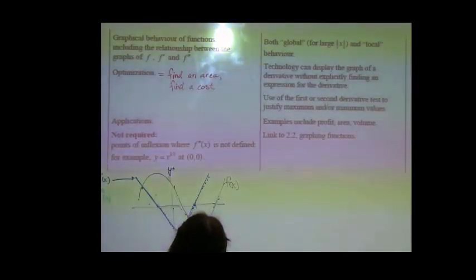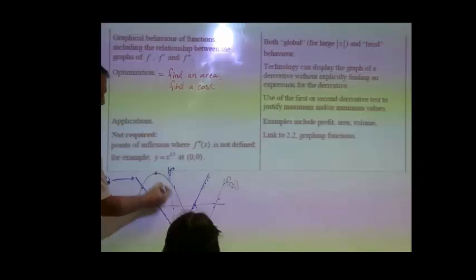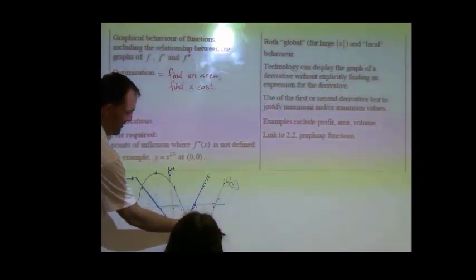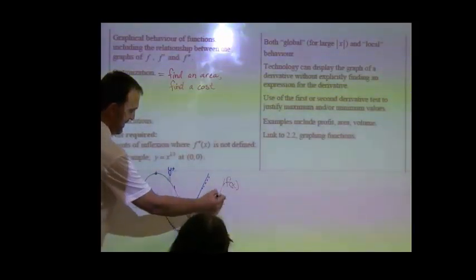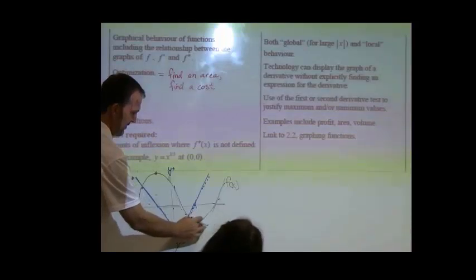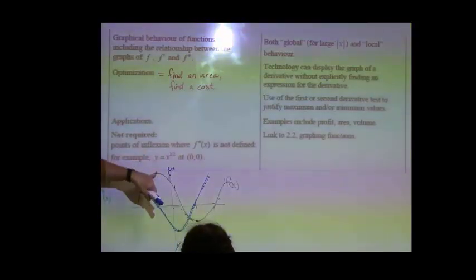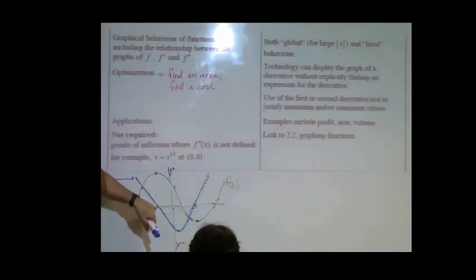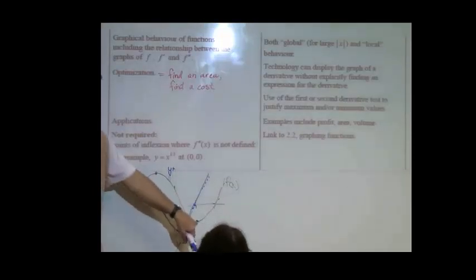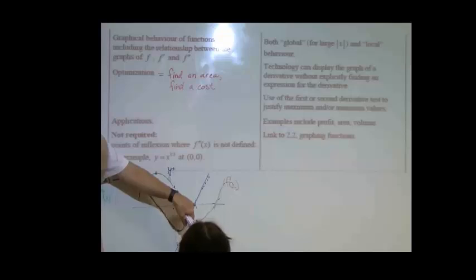What point did I find? The maximum. I said, okay, I know something about this point, and I know something about that point. What's the slope of that point? 0. So I knew 0. Slope of that point, 0. So I know that's 0.